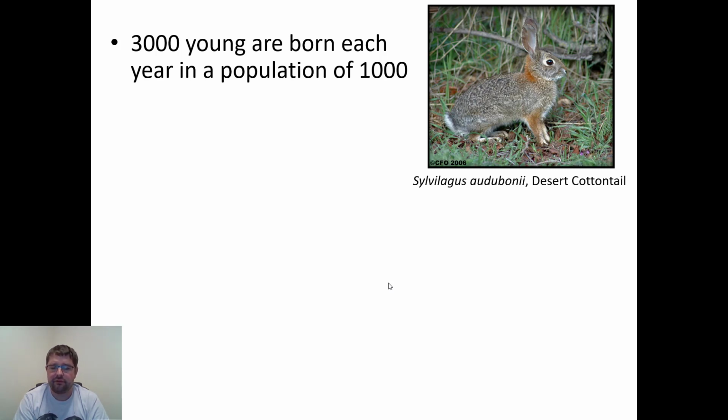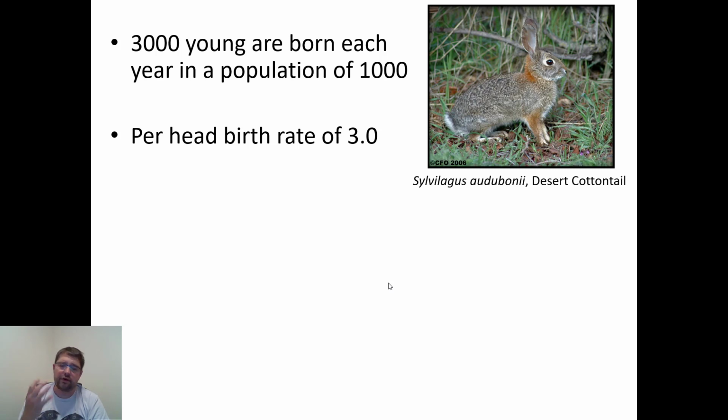So we might say that there are 3,000 young born each year in the population of 1,000 desert cottontail for this given region. Okay? So the per head birth rate is 3.